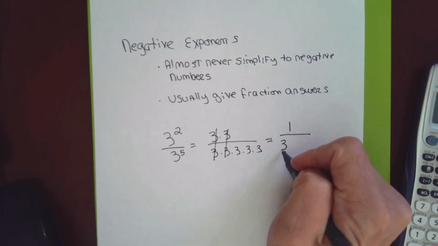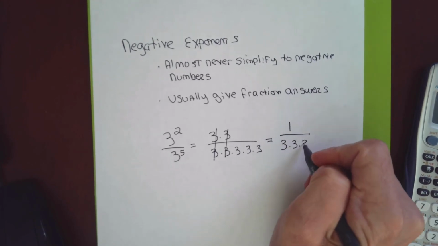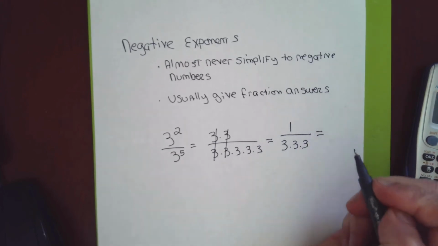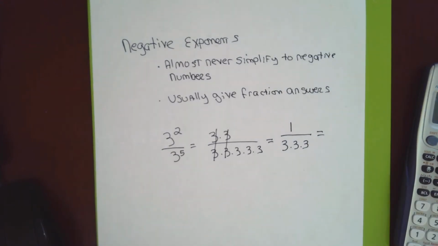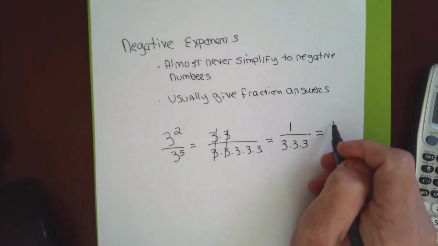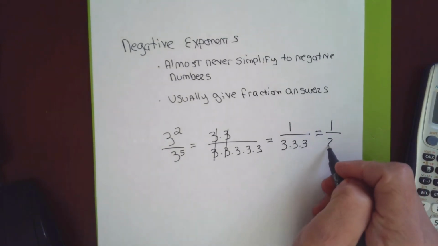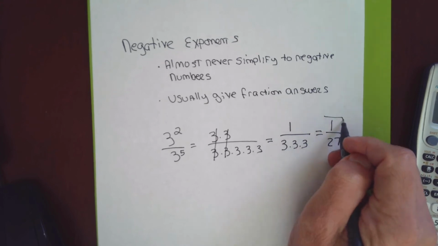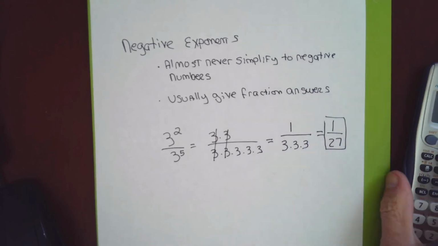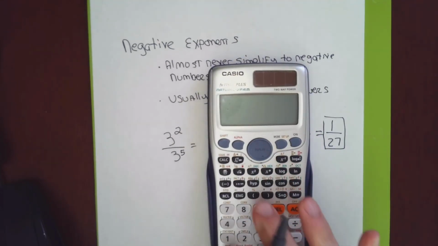In the denominator, I'm left with 3 times 3 times 3. If I'm reducing a fraction manually and I cancel out the entire numerator, I need to leave a 1 behind in the numerator. And 3 times 3 times 3 in the denominator is 27. So this should equal 1 over 27.